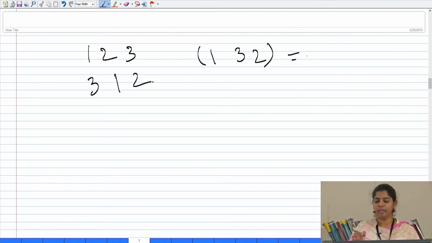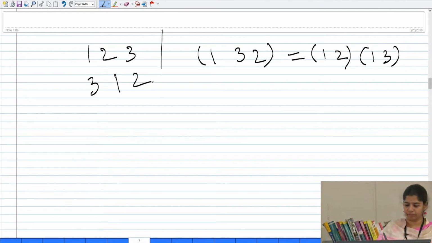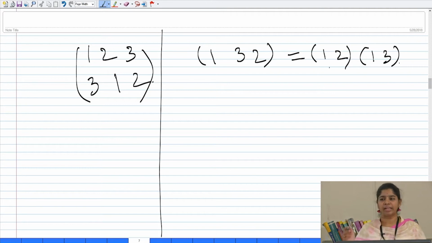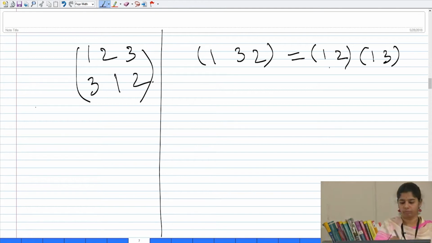Now here this element is nothing but the product of the transpositions (1 2) and (1 3). I give this as an exercise for you to verify that the product of transpositions on the right side gives you the permutation on the left side.